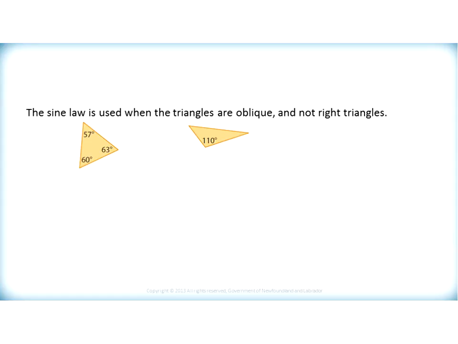So for triangles such as these, the one on the left is the acute triangle from our previous page where we looked at the definition. Notice that all of the angles in this triangle are less than 90 and also greater than 0. And the second triangle, we have one angle that's obtuse, which is greater than 90 and less than 180 degrees. So both of these are oblique triangles.